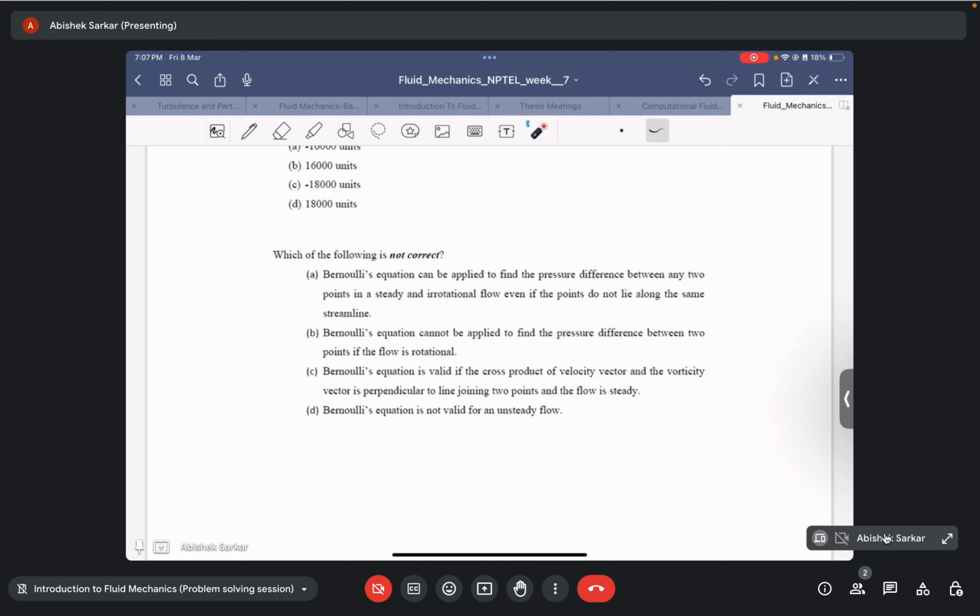So this is Bernoulli's equation, and the special form is known as the unsteady Bernoulli's equation. So the Bernoulli's equation that we are discussing, the classical form, again is not valid for an unsteady flow. That's why this statement is correct.